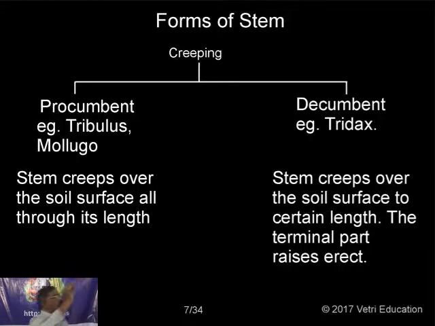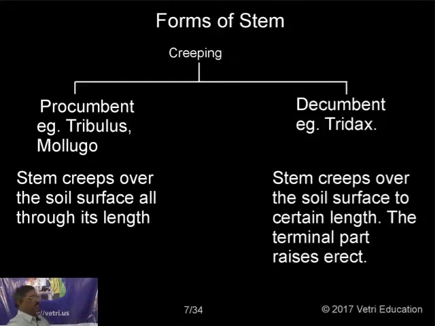Next, creeping stems. Creeping is of two types, procumbent and decumbent. In the procumbent, the stem creeps over the soil surface throughout its length. The total length of the plant is on the surface of the land, whereas in decumbent, the stems creep over the soil surface to a certain length, and the terminal part of the stem rises erect.